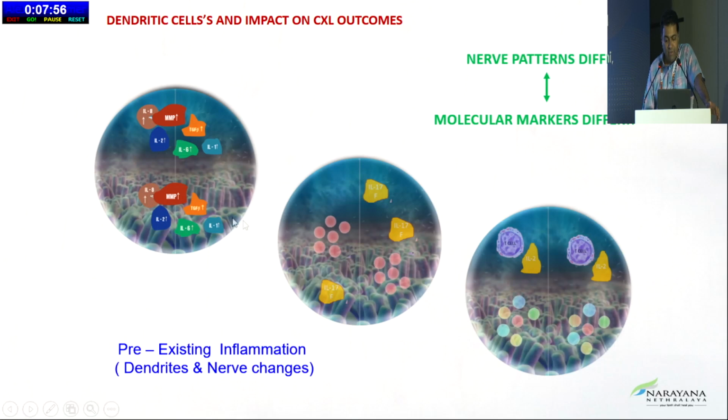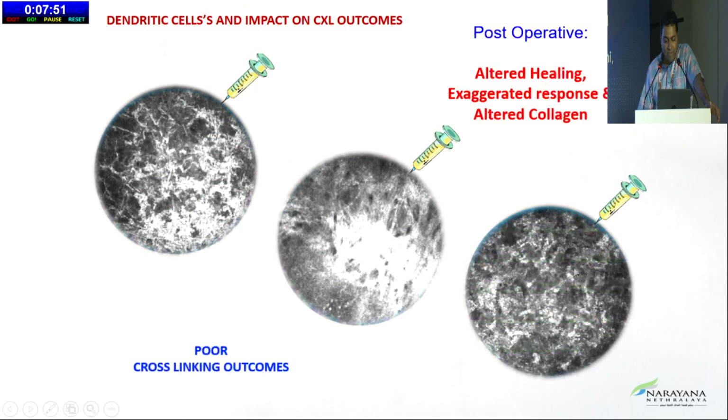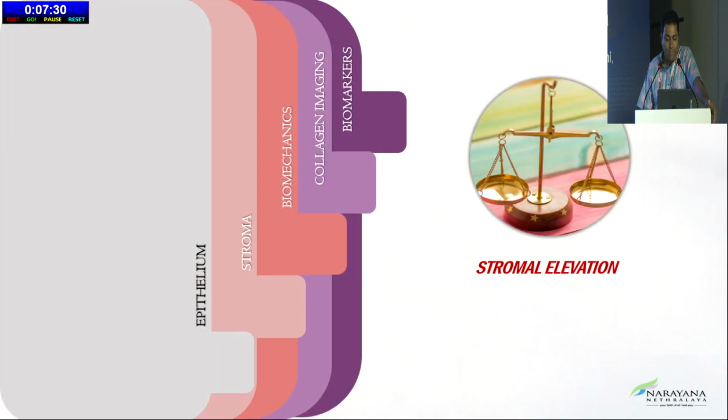And these are filled with different types of molecules, some of which Namrata ma'am had just discussed. And this is what you end up with: severe scarring, severe excessive flattening, things which are beyond your control. So understanding the hidden mechanisms in the corneal nerves and all these related structures is very important in looking at the outcomes of your cornea.